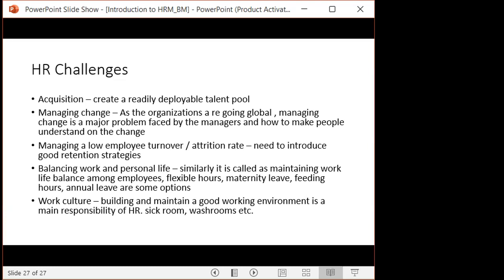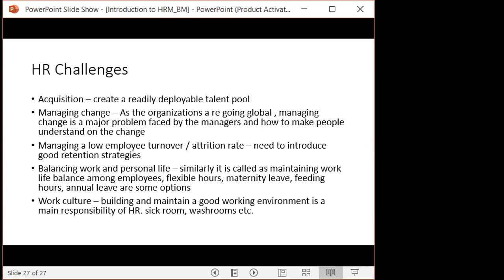Balancing work and personal life. What is that? Balance between work and personal life, work-life balance, right? So HR needs to practice things such as flexi hours, maybe giving some additional hours to look after their babies or kids, or attending a school function or parents-teacher meeting.